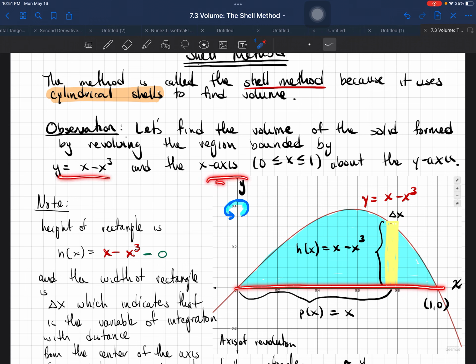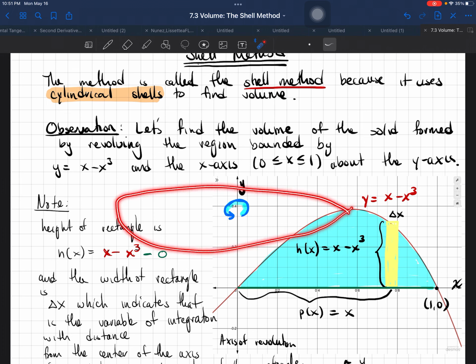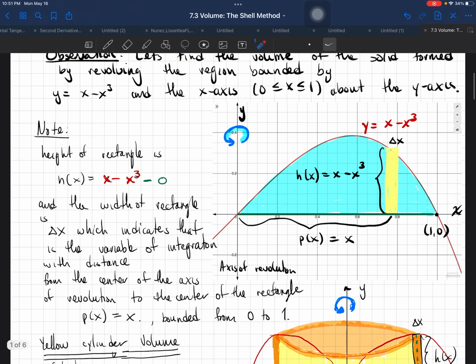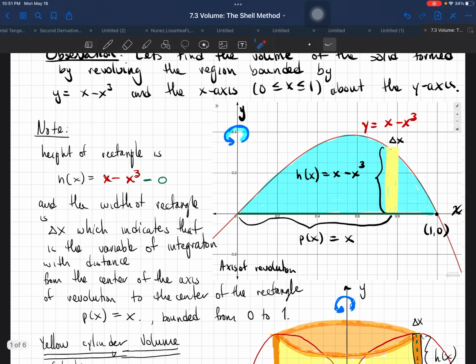We're trying to find the volume of the solid created by this shape with a rotation about the y-axis. If you notice, what's happening is that this is being rotated. If you think about it, it's almost sort of creating a donut from the top, but without a hole. So we're going to try to understand what it means to be a shell method.